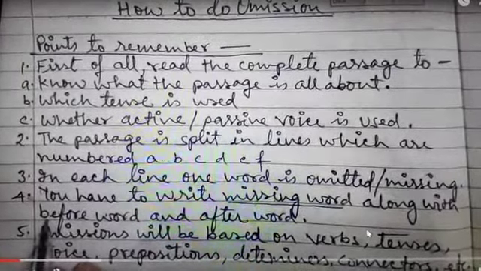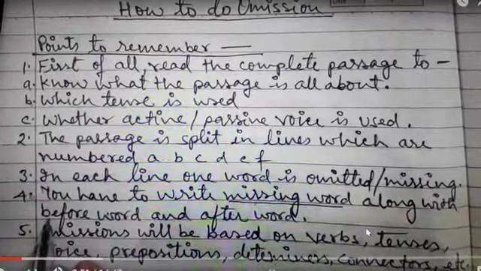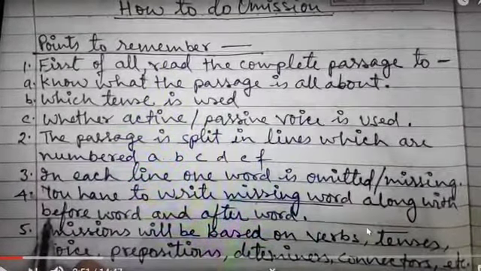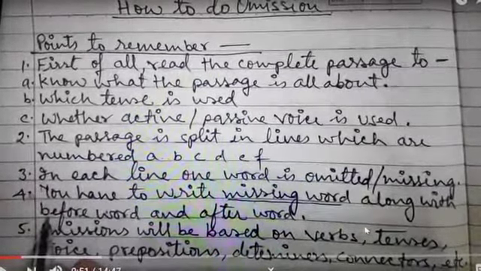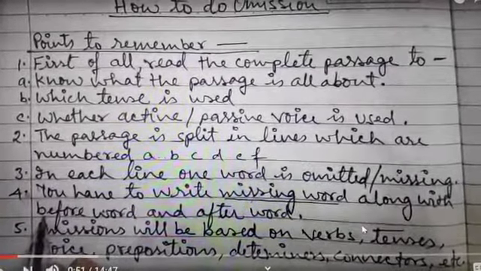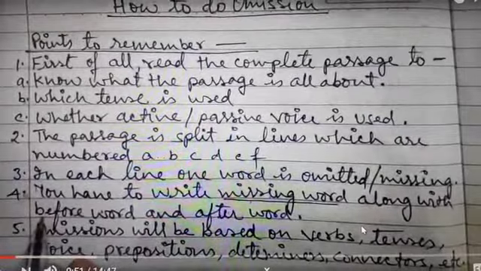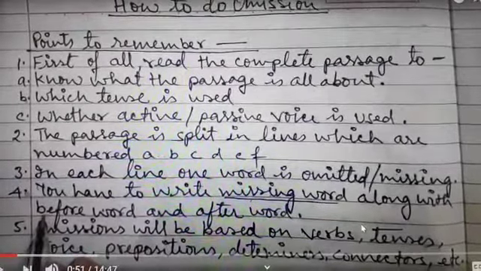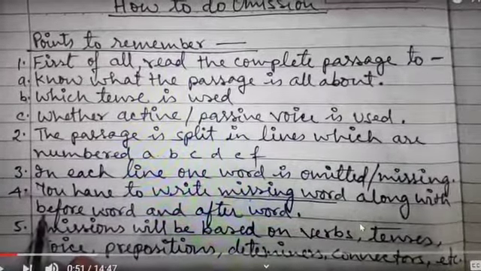The passage may be in the past, it may be in the present, or it may be referring to past indefinite, simple, or whatsoever, as we know about the tenses. So we have to identify which tense is being used in the given passage, and then whether active voice or passive voice is used.